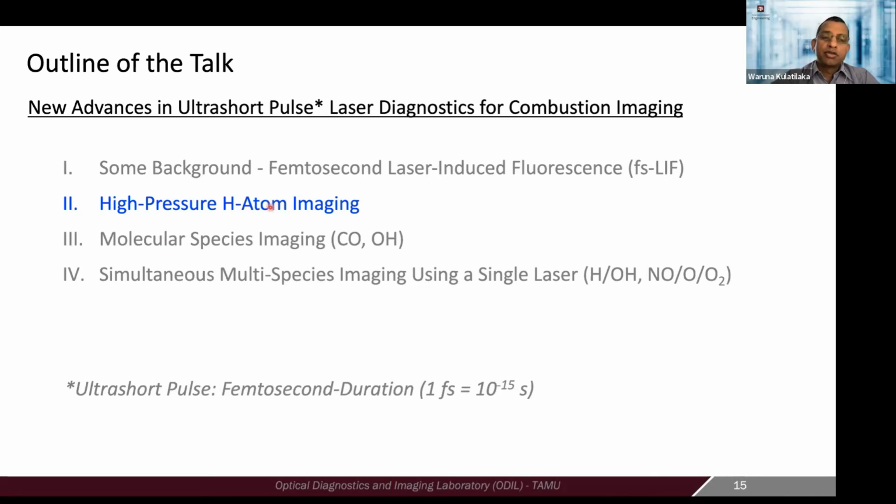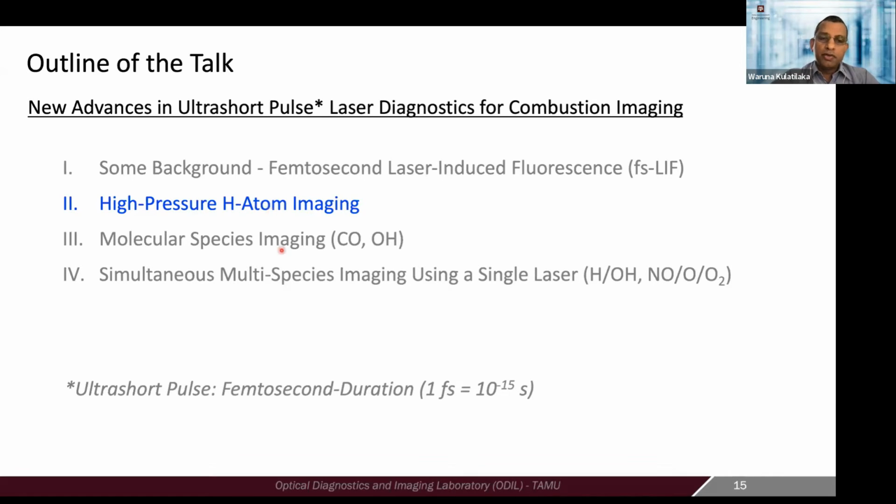I will show some examples and then discuss some challenges. In this case, we have gone from 1 bar, which is normal for these measurements, up to 10 bar, and we are trying to increase it further into more realistic conditions. As far as we know, that's probably the first time anyone has measured atoms at any elevated pressure environments.